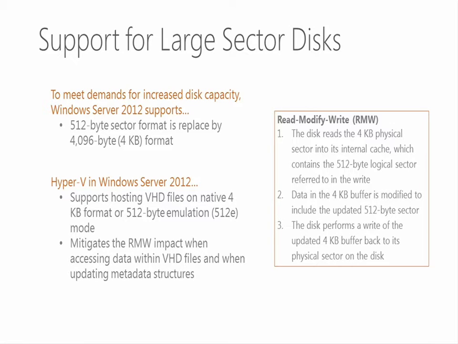This allows the disk to read these 4K physical byte sectors into internal cache, which then contains a 512 byte logical sector where it's going to actually do the write to the disk. In our new Server 2012, this is supported in our VHD files in the native 4K format, but then I'll talk a little bit later about this new VHDX file format where we can get beyond the 1 terabyte limitation that we've had in the past.